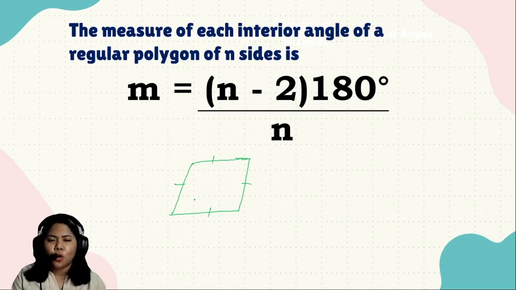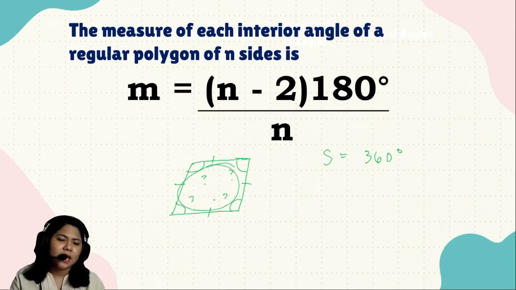Alam ko, using our formula earlier, that the sum of this quadrilateral is equal to 360 degrees. Pero I would like to determine ano kaya yung measure of each interior angle. Kasi total ang binigay eh. We have the total. But what is the measure of each angle?